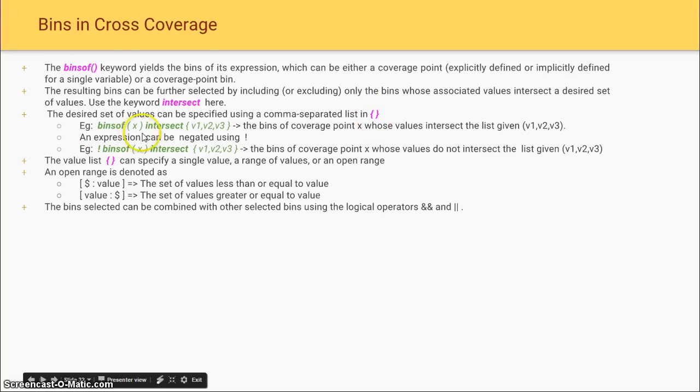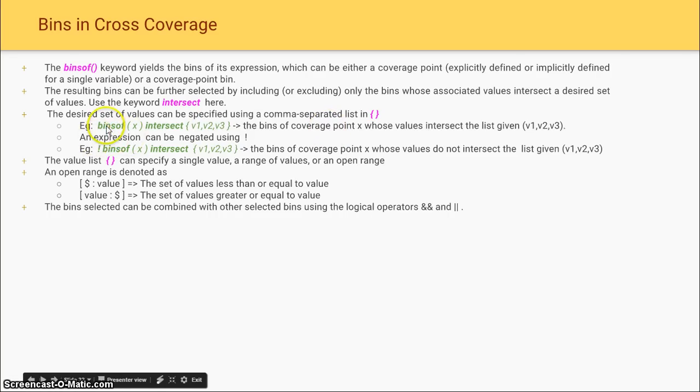Now see an example. So this is an expression. binsof is a keyword, binsof(x), and here x is a cover point. intersect is another keyword, and after the intersect we will list down all the values of interest. So this is the bins of cover point x whose values intersect with the value set given, which is v1, v2, v3.